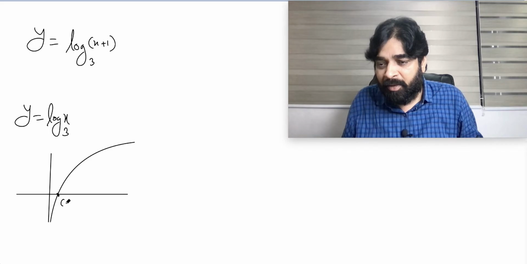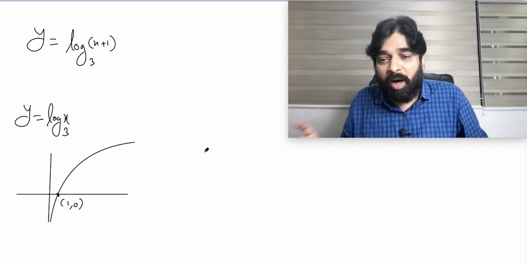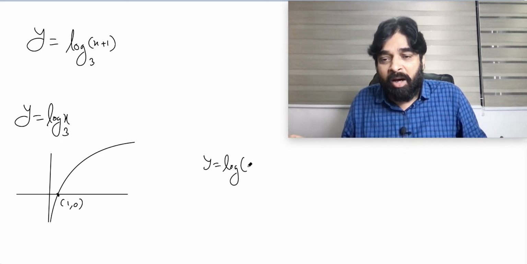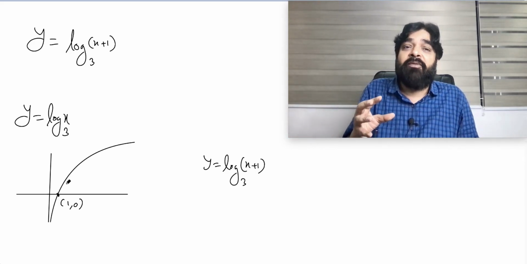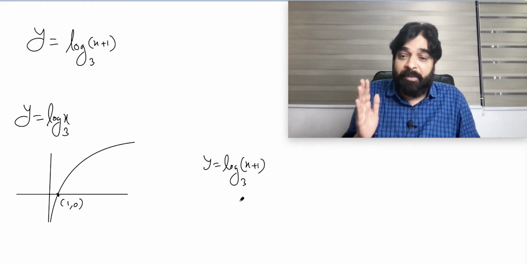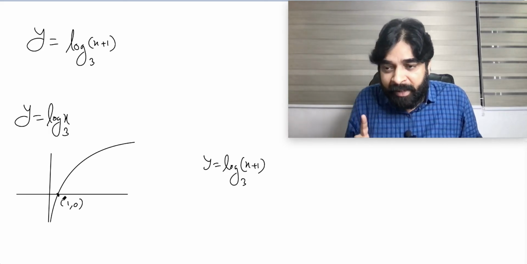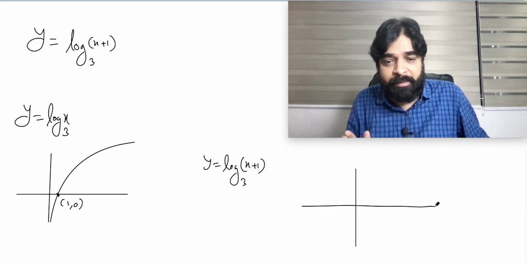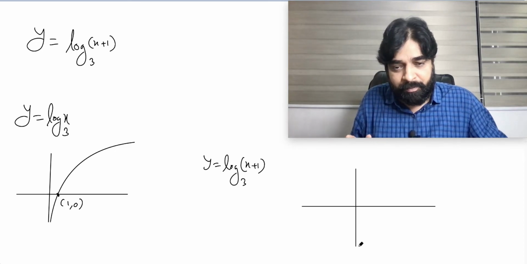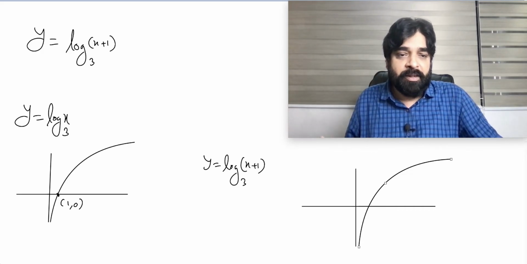What is this coordinate? 1, 0. Remember, all of you. Now I want y equal to log of x plus 1 base 3. Now this graph will shift 1 unit in which direction? Left side, because the value is plus 1. Think, this is 1, 0, which means this length is 1 unit. If you displace 1 unit, let me show you. This is the log x graph.